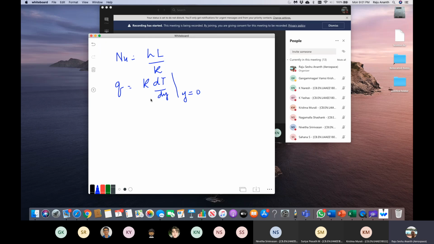I'm going to convert this into a non-dimensional number. So T star is T, any temperature, subtracted by T infinity and then divided by T wall minus T infinity.